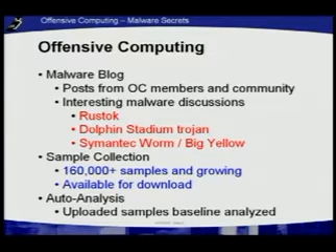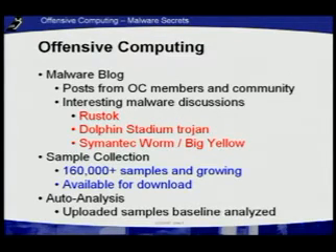Typically we get samples of interesting viruses and malware pretty quick when they come out. A couple examples are Rustock, which is a pretty intense rootkit, the Dolphin Stadium Trojan, the Semantic Worm. We've got like 160,000 samples, which I think is pretty much the biggest publicly known archive on the net.